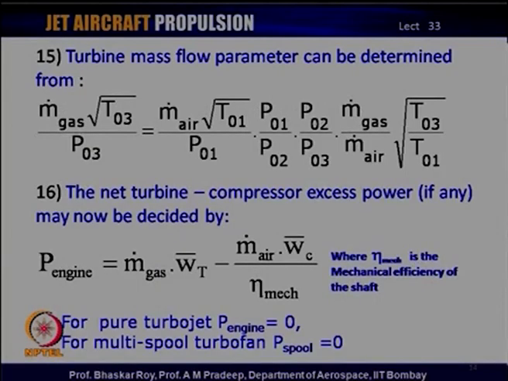The turbine mass flow parameter can now be written using the matching procedure. On the left hand side you have the turbine normalized mass flow, and on the right hand side you have first the compressor normalized mass flow, multiplied by the pressure ratio across the compressor, then the pressure ratio across the combustion chamber, then the mass flow ratio between the compressor and the turbine, that is air and gas, and then the temperature ratio across the engine, the cycle temperature ratio, so to say.